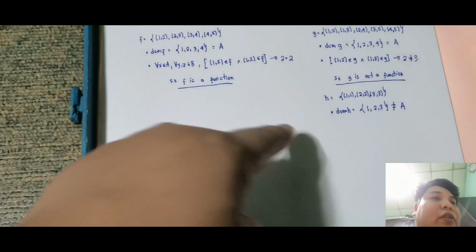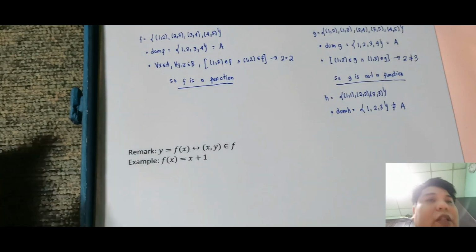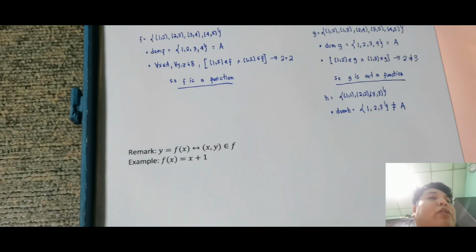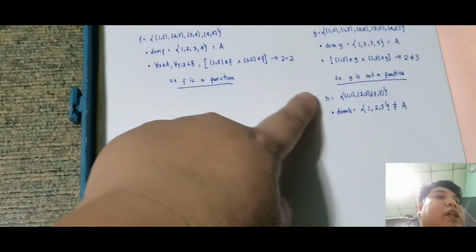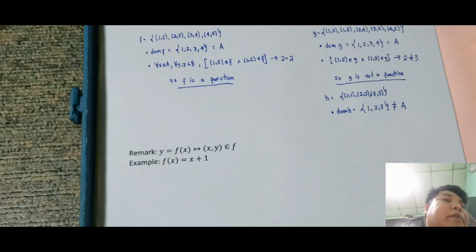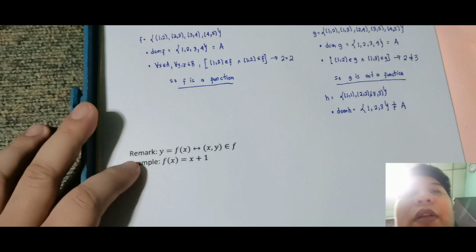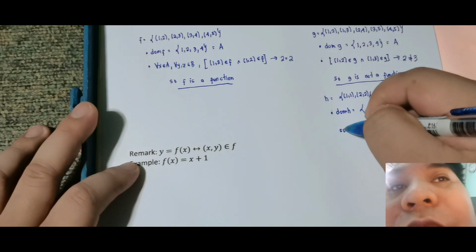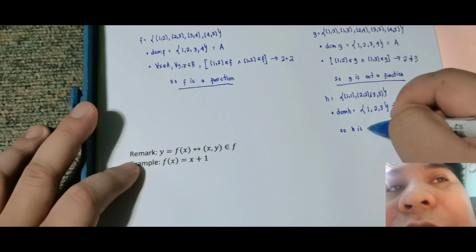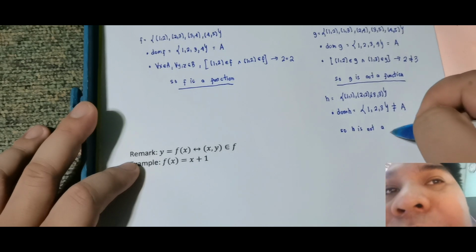Okay, since yung domain of H is not equal to A, therefore this is not a function and no need to test na yung number 2. Okay, although yung letter B sinasatisfy niya, no? Sa letter B satisfy eh. Pero sa domain of H hindi siya. Okay, so therefore, H is not also a function.